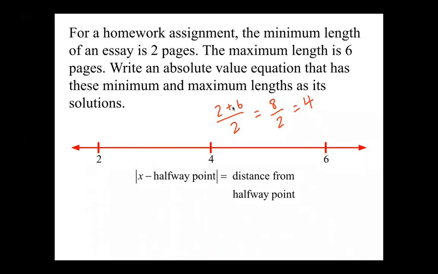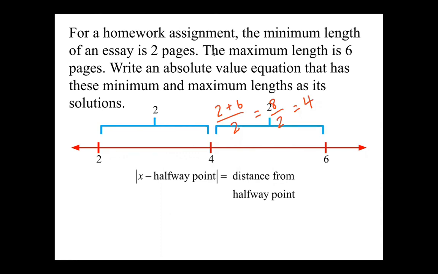Now that you've identified your halfway point, there is only one more step to be able to set up your equation. You're going to go ahead and find the distance from the halfway point between the minimum and the halfway point, and then the maximum and the halfway point. So the difference between 2 and 4 would just be 2, and then the difference between 4 and 6 will also be 2.